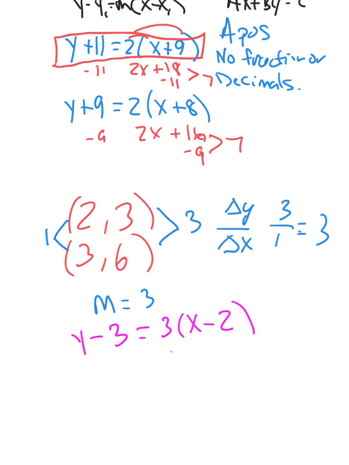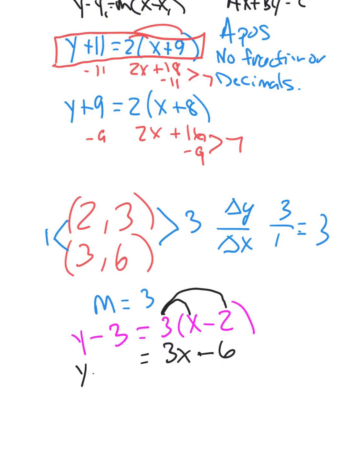Am I selecting who gets one? No, I'm going to give it to everybody who comes in, even the big teenager. Okay, so we're going to distribute. So it means we're going to multiply. So 3 times x is 3x. 3 times -2 is -6. Okay, and then if you want to bring everything down, you can.